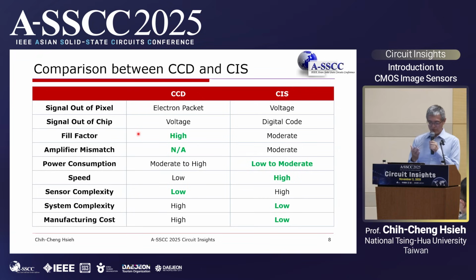When the CMOS image sensor was developed maybe 20 years ago, at the very beginning, it could not compete in performance with the CCD, so it was defined as a low-end product. But after some technology breakthroughs, there were several milestones. After that, the CMOS image sensor has dominated. It proved the performance is comparable with CCD, and with the other benefits, it became the dominant technology.